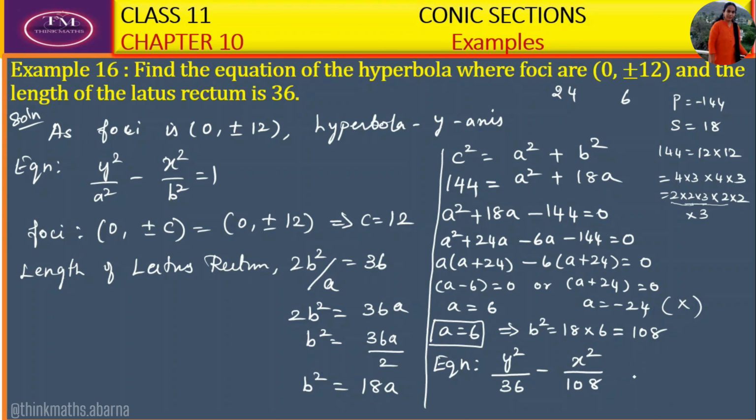Divided by 108 equal to 1. So just taking 108 as LCM, you have to multiply here with 3. So 3y square minus x square equal to 1. That means 3y square minus x square equal to 108. So this is the required equation of hyperbola.